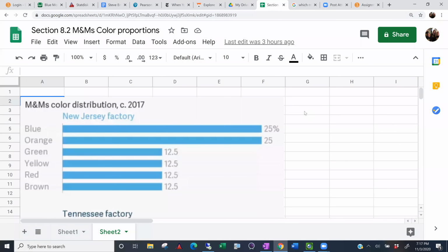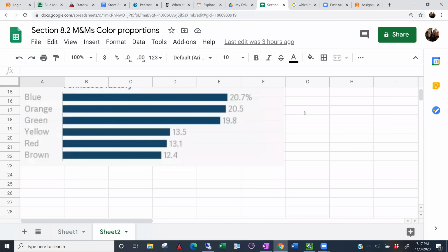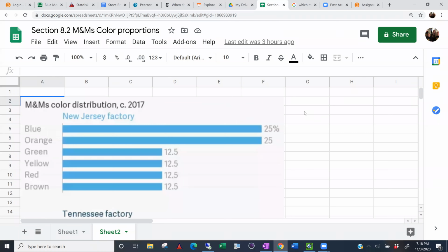There are two different plants, the New Jersey one and the one in Cleveland, Tennessee. The proportions are different, which I don't know why. I guess part of the country likes a different mixture than another part. Whatever. Let's assume that we got M&Ms from the New Jersey factory.